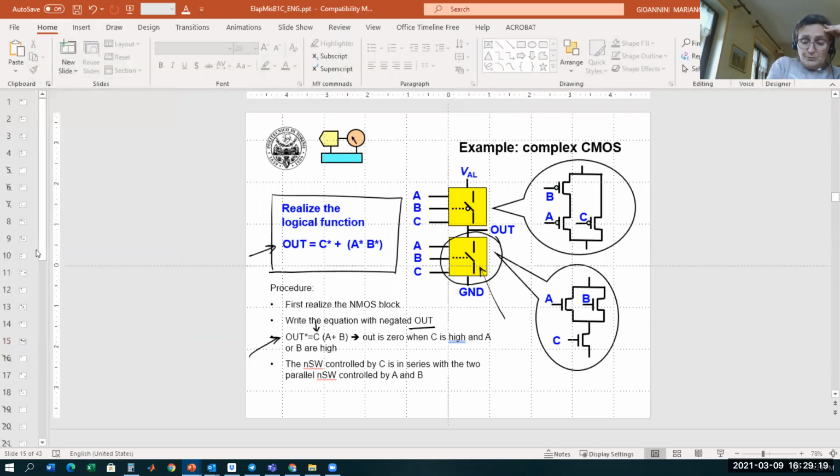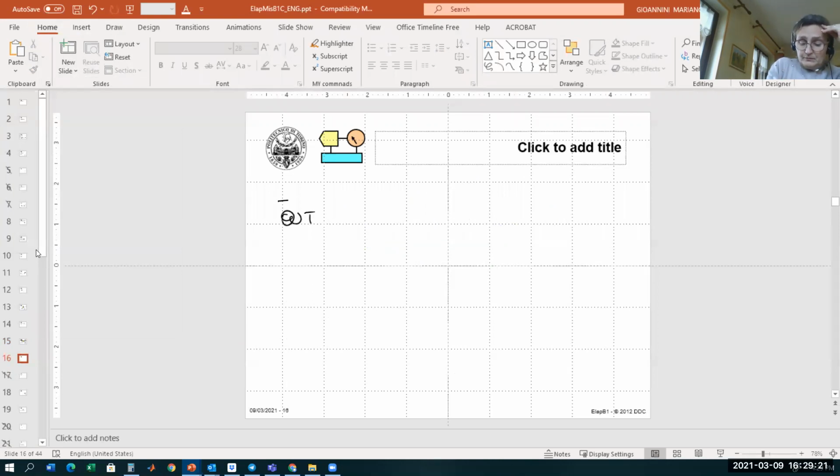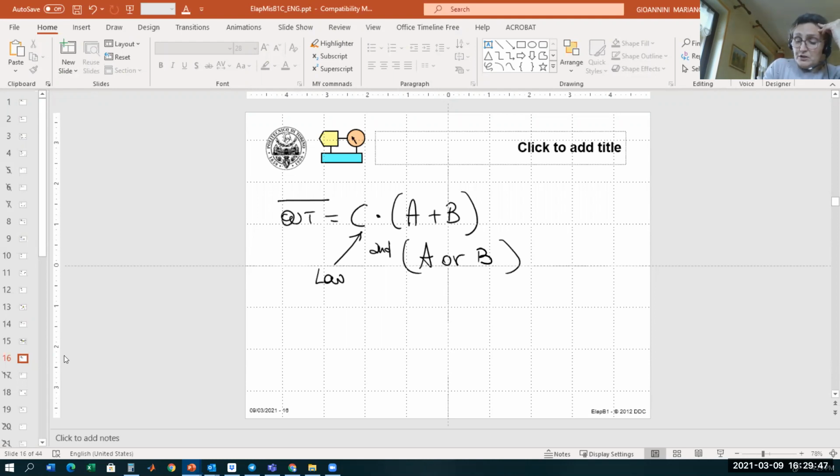So the output not, it is C and A or B. You can read it as we have the output low when C is low and that A or B are low.